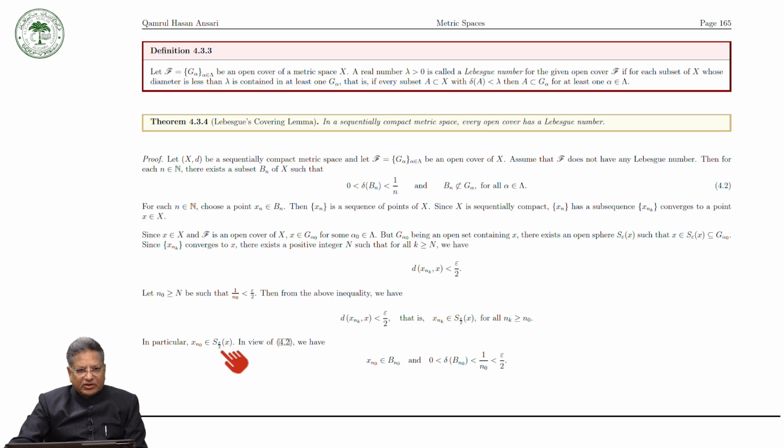In view of this, because the diameter of Bn is less than 1 over n, we have xn naught in Bn naught, and the diameter of Bn naught is greater than 0 but less than 1 over n naught, and 1 over n naught is less than epsilon by 2. So this is less than epsilon by 2.